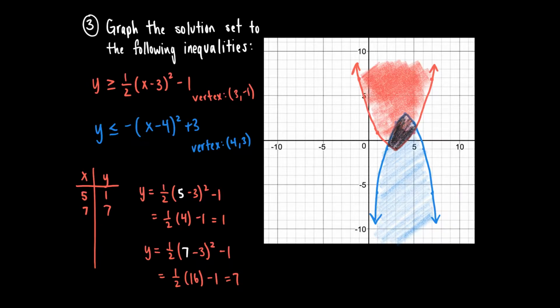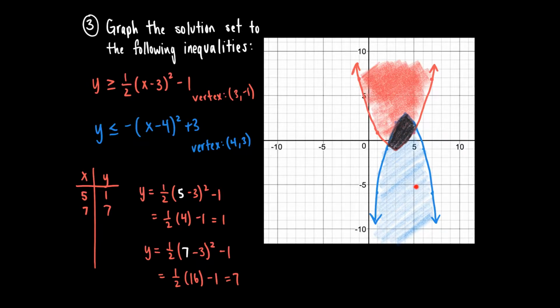So what we're going to do is shade. When you shade, hopefully you'll shade your red and your blue pretty light. And then you want to shade this part in really dark, because this black part here is actually the solution set. If you pick any xy coordinate pair within this little black space, it will work for both inequalities. If you pick a point up here in the red space that's not down in the black space, it will only work for the red, not the blue.